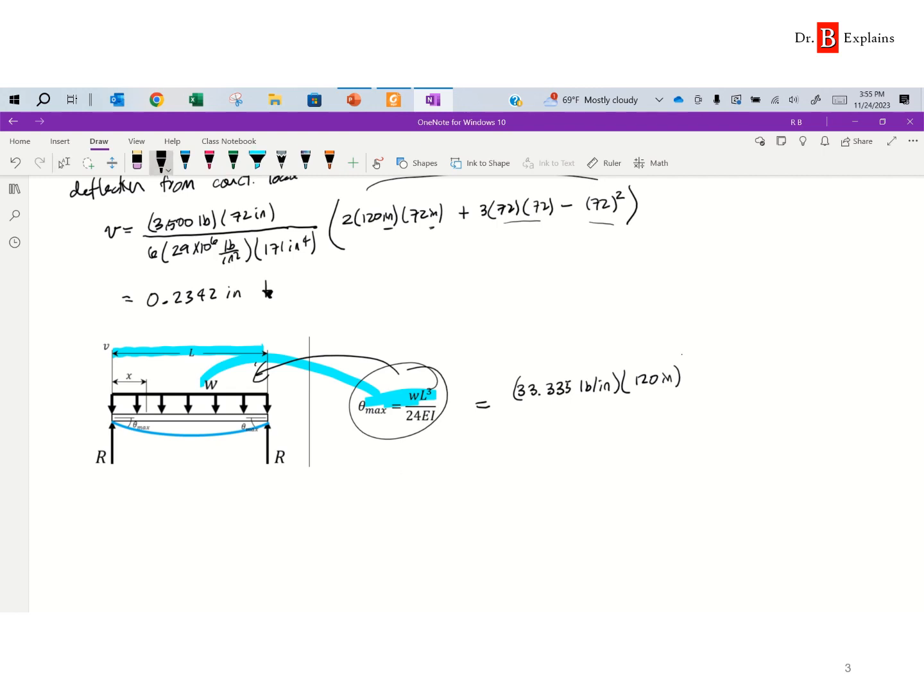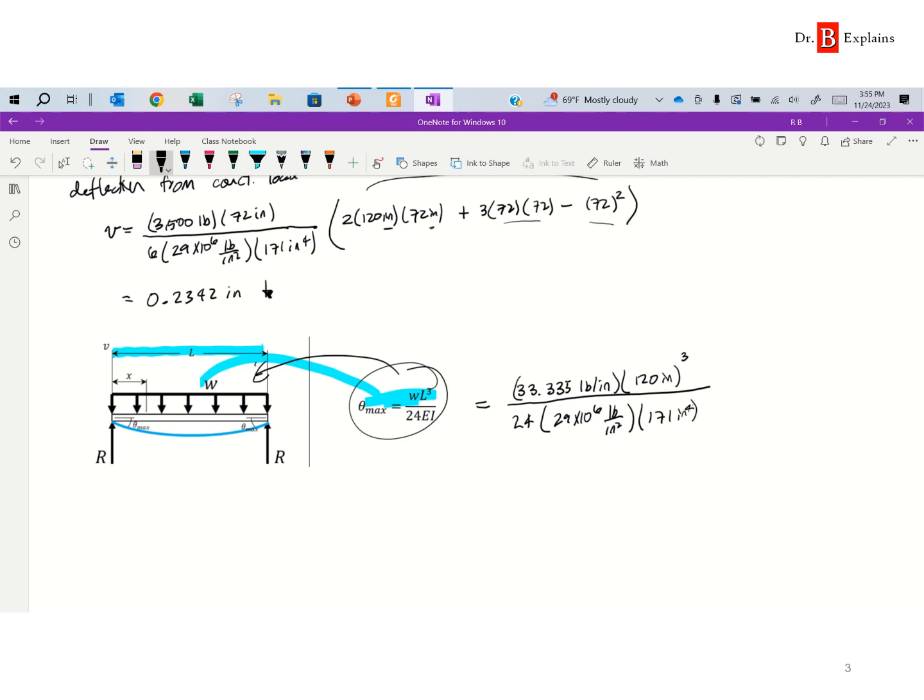And remember, that number gets to the cube power divided by the constant 24 times E, which is 29 times 10 to the 6 pounds per square inch, times I, which was 171 inches to the fourth.